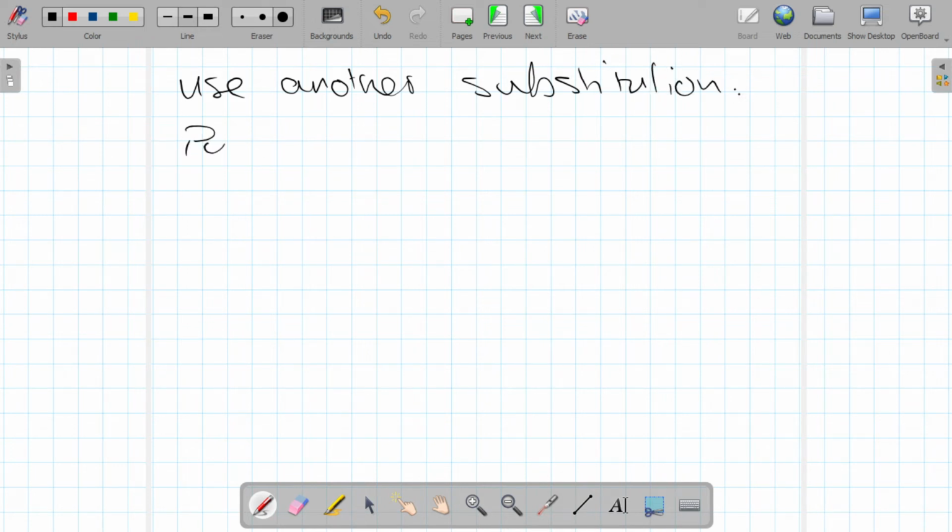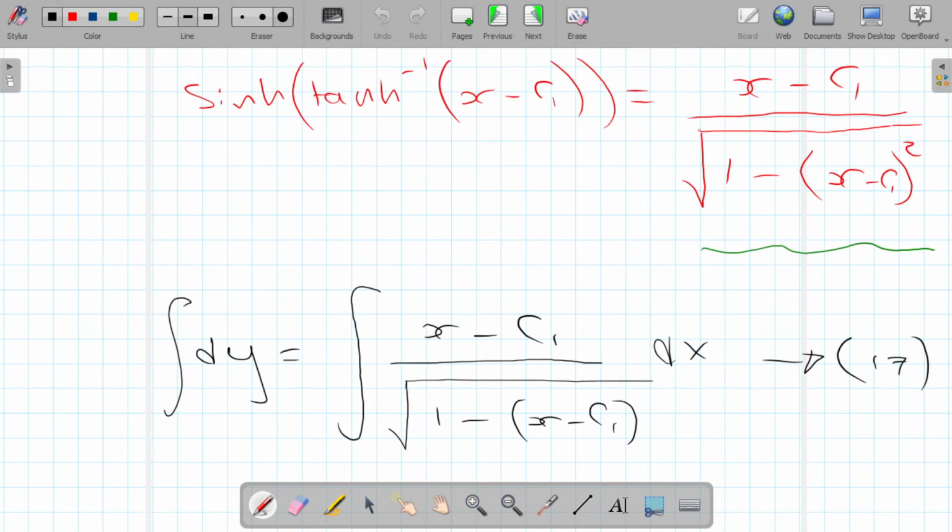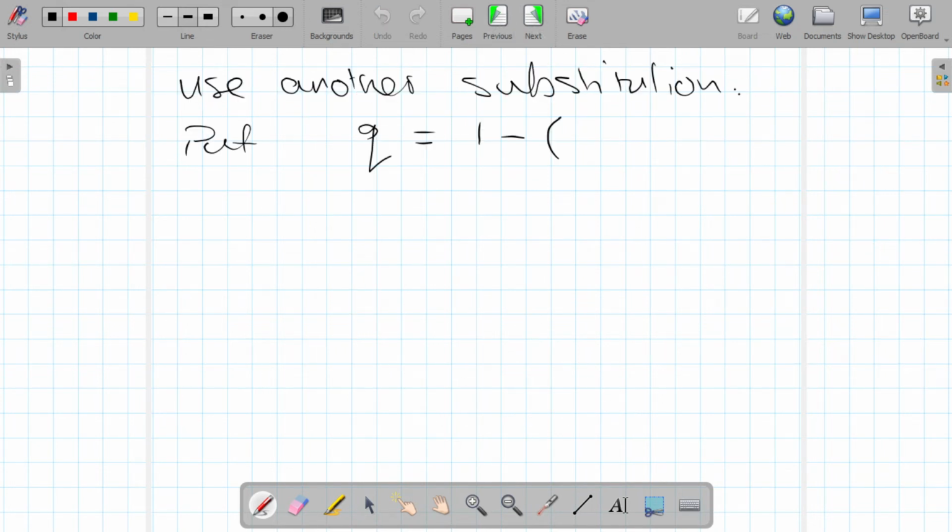Put, I'm going to call it q, equal to 1 minus x minus c1 squared. So I'm just putting q equal to the bit inside the square root sign. And that happens to be q equals 1 minus x minus c1 squared.